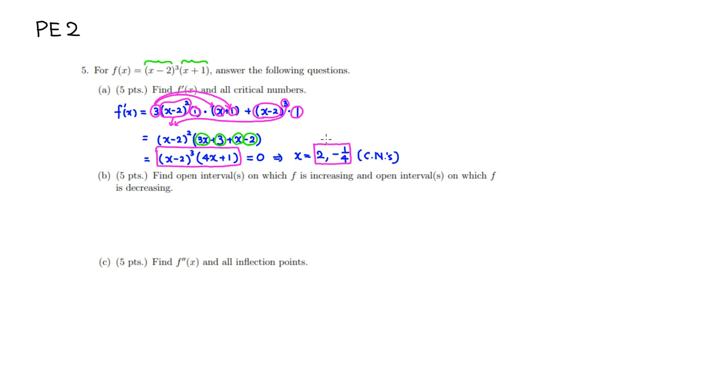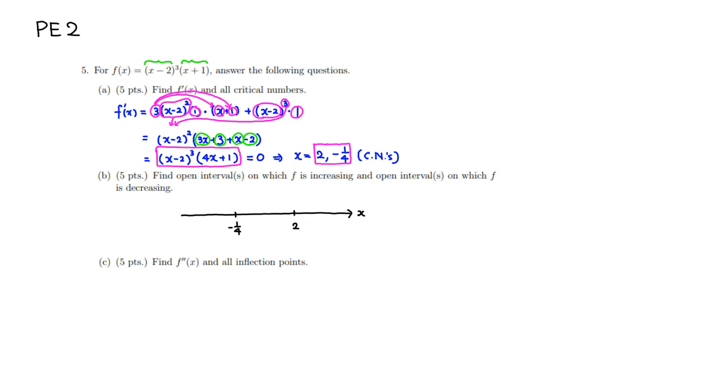Alright, so let's move on to part B. We want to find the open intervals where f is increasing and also the ones where it's decreasing. So we have a number line here, and we're going to put 2 tick marks for the critical numbers. I'm going to put the negative 1/4 here, a small number on the left, and a larger number 2 on the right.